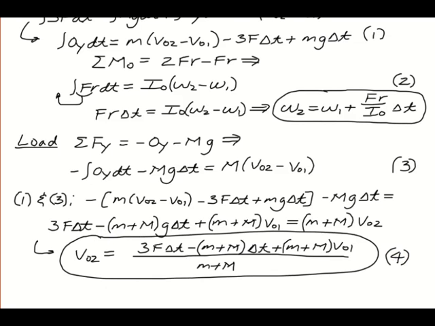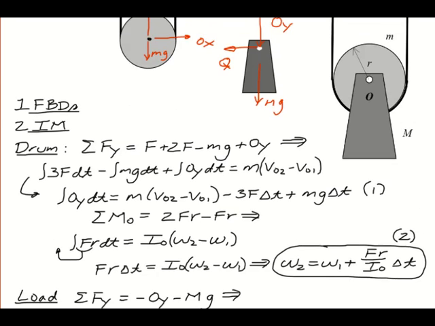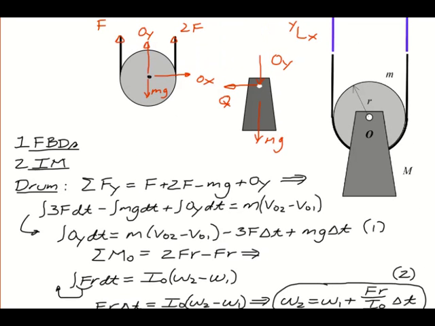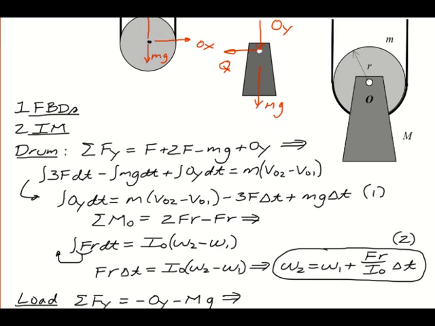What did we do? Well, when we began, I chose to break the system into 2 parts. And the reason for that, again, is that the drum and the load move in a different way. The kinematics are different. And when you have that, it's good to break things up into 2 parts. So the drum, I wrote down the linear impulse momentum equation, got equation 1.